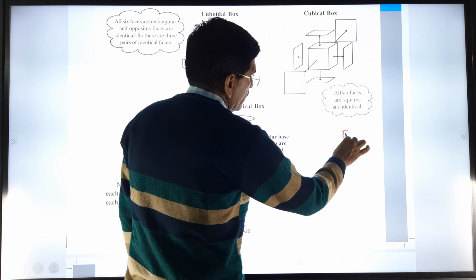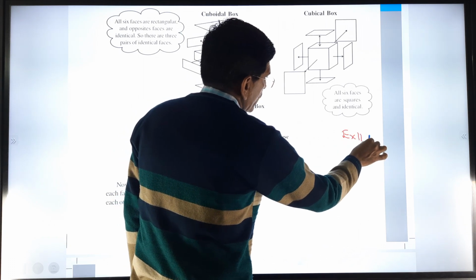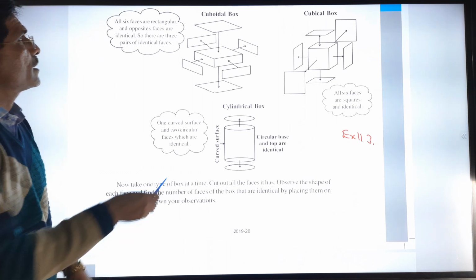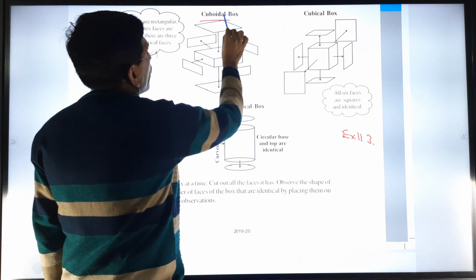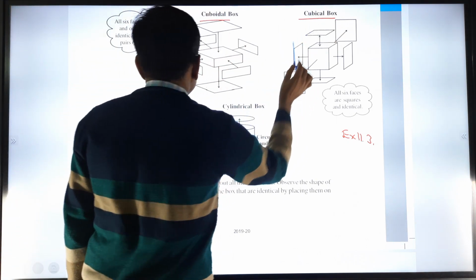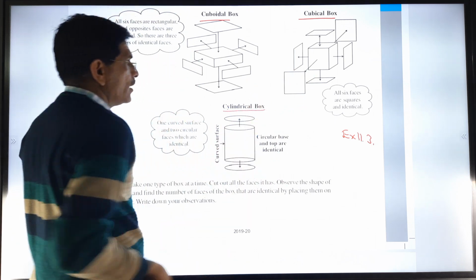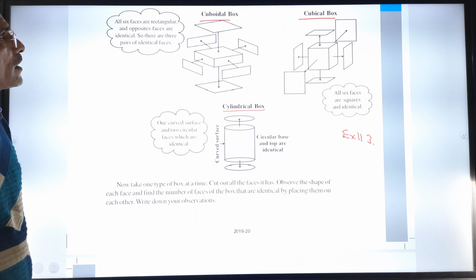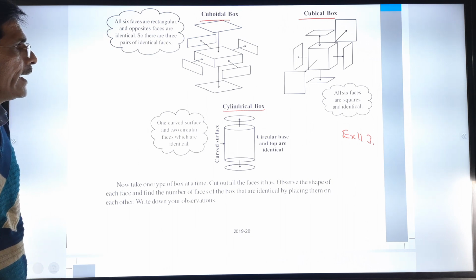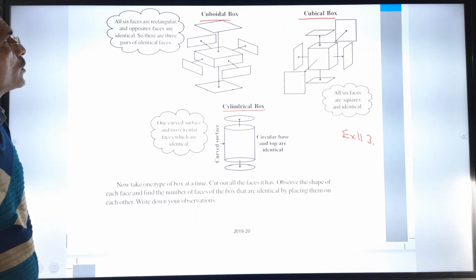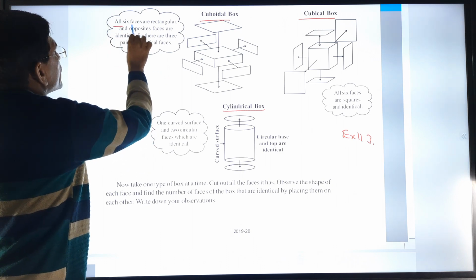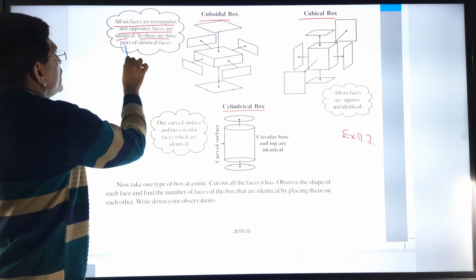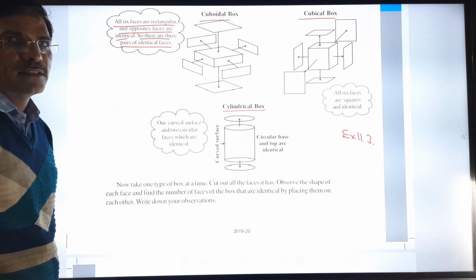Especially exercise 11.3, we want to discuss the cuboidal box, cubical box and cylindrical box. You will see that in a cuboid all 6 faces are rectangles, opposite faces are identical, so there are 3 pairs of faces.